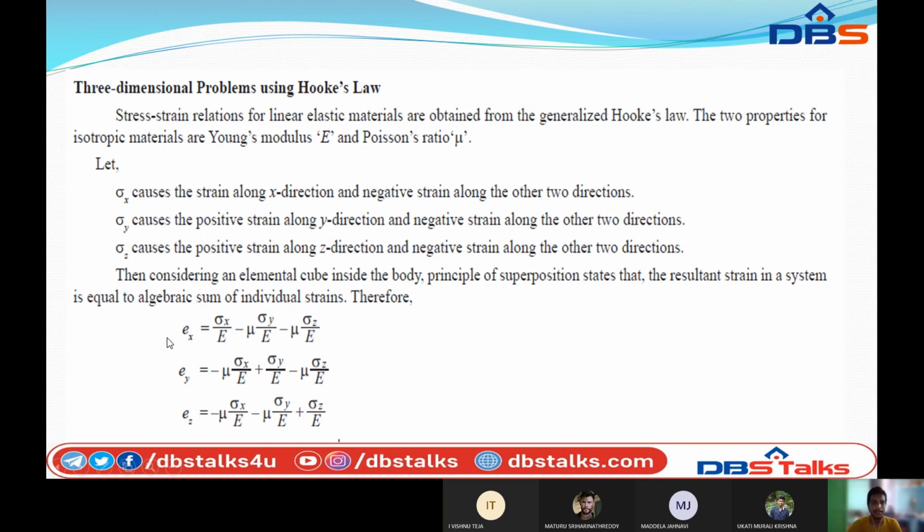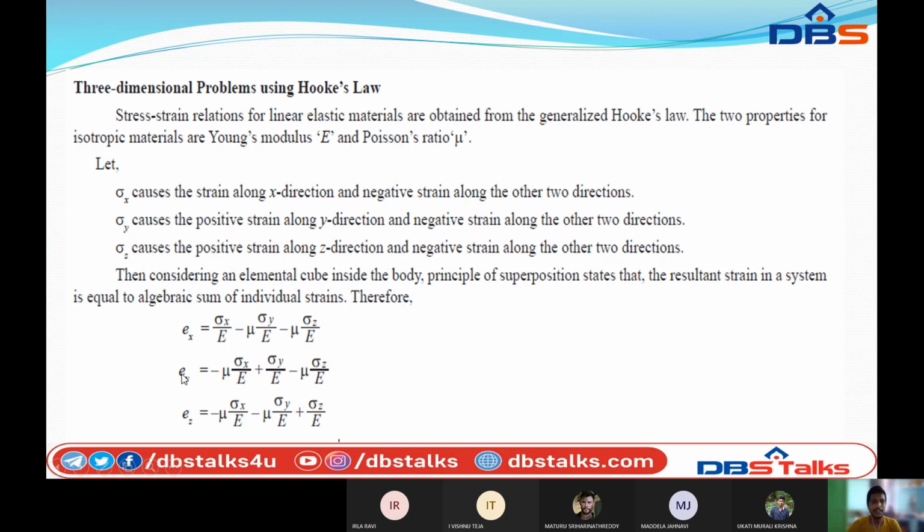First of all, I am taking epsilon x, the strain in x direction: sigma x by E minus mu, the Poisson's ratio, times the other terms. That means the strains acting in x direction: one positive, and the remaining, sigma y and sigma z, give negative strains.